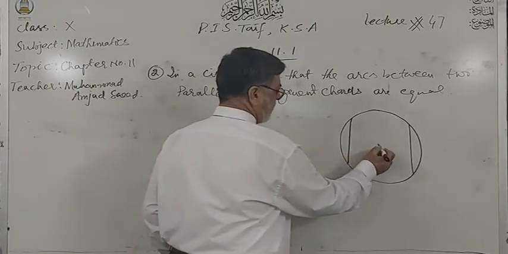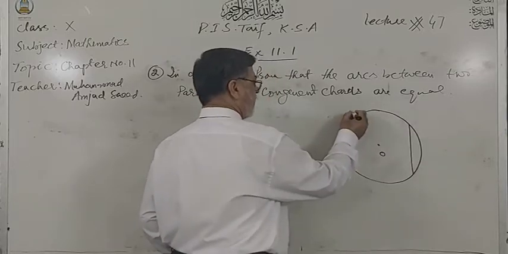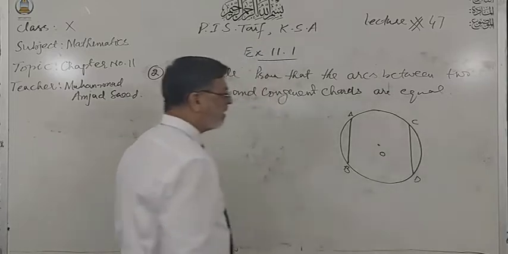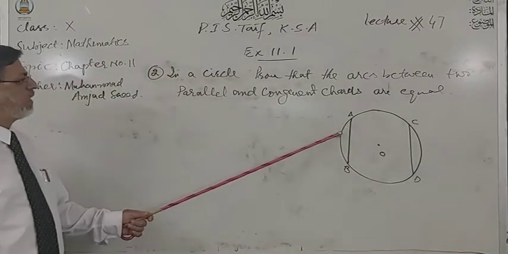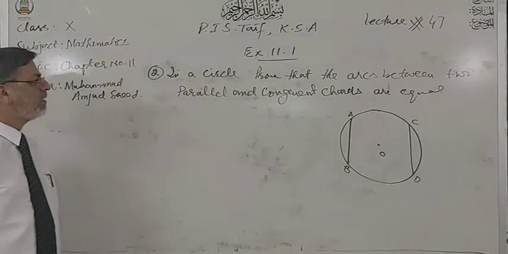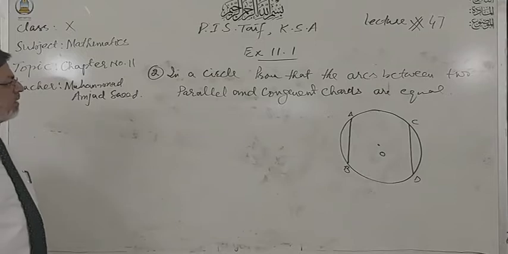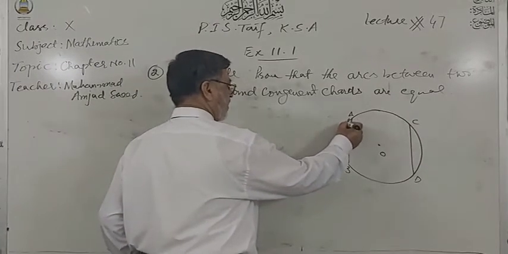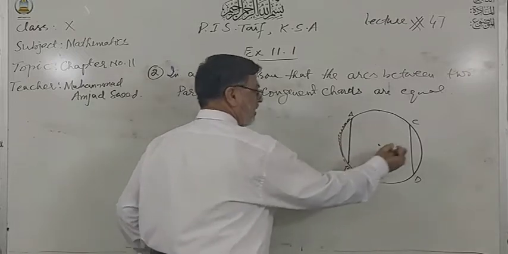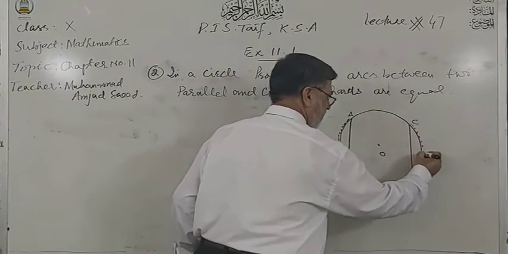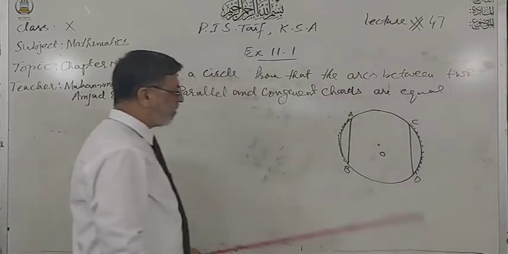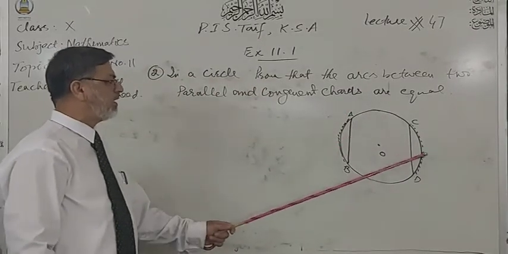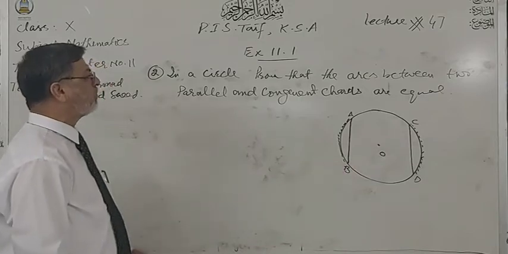Circle with center at O, AB and CD are two equal and congruent chords. The relating arc, this is the relating arc. So AB is congruent to CD. These two arcs will be congruent. We have to prove it.